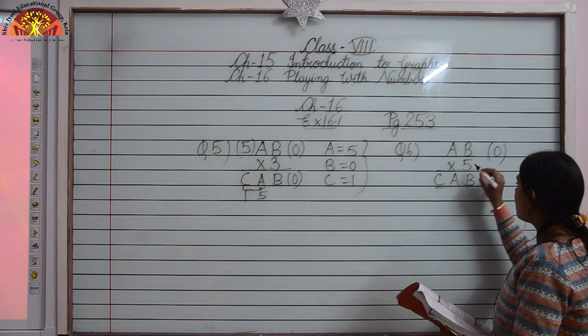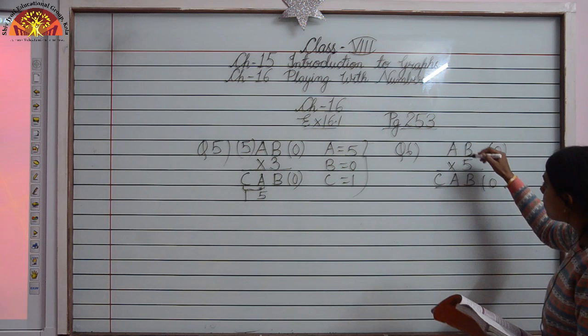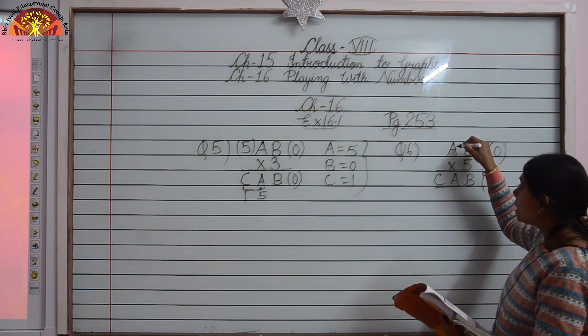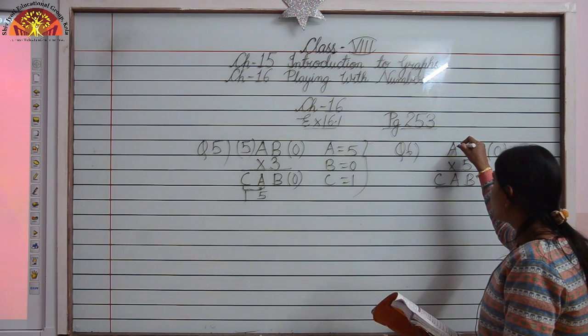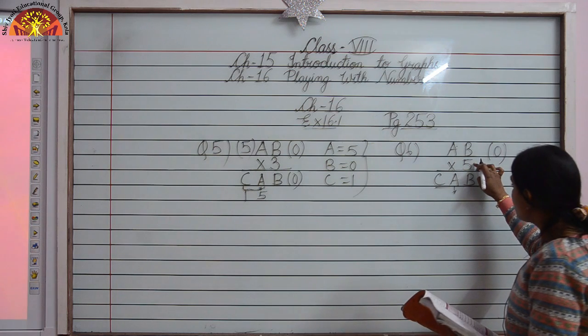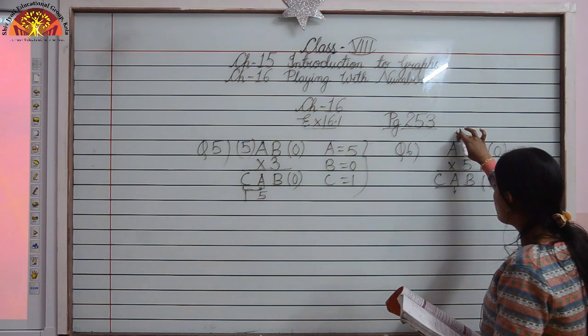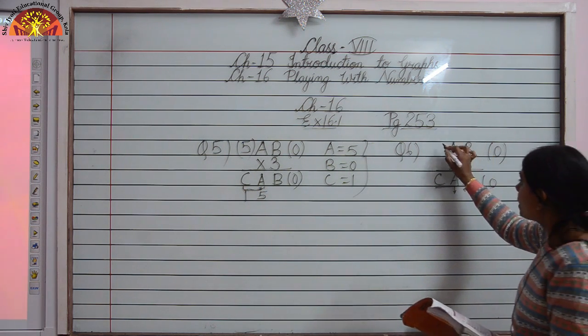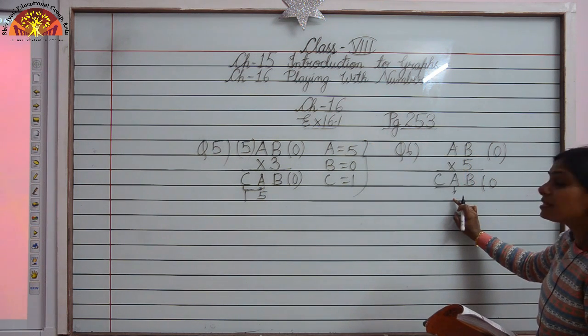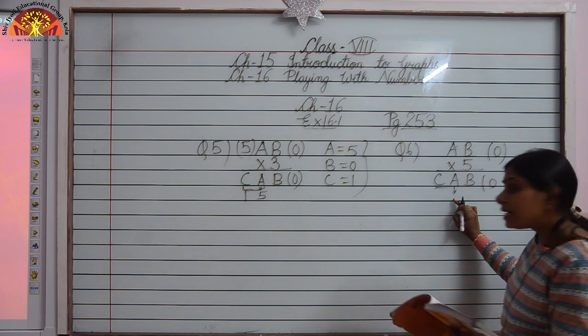Now again it is the same thing, whatever the number I am multiplying over here, that means whatever the value of A you are taking after the multiplication, the same number should repeat here. So if I am taking the value of A as 4, so 4 5s are 20, but after the multiplication here it is coming 0, that means it is incorrect.